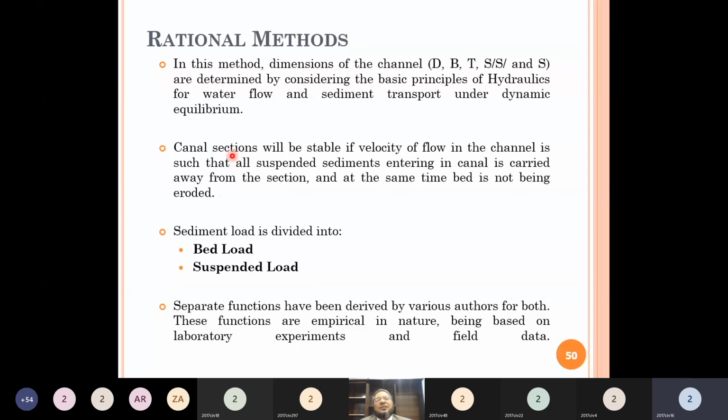So this approach of the design of irrigation channels is called the rational approach. इसमें हम क्या कंसीडर कर रहे हैं? हाइड्रोलिक्स ऑफ फ्लो एंड सेडिमेंट ट्रांसपोर्ट दोनों को कंसीडर कर रहे हैं और उससे हम डिजाइन कर रहे हैं.